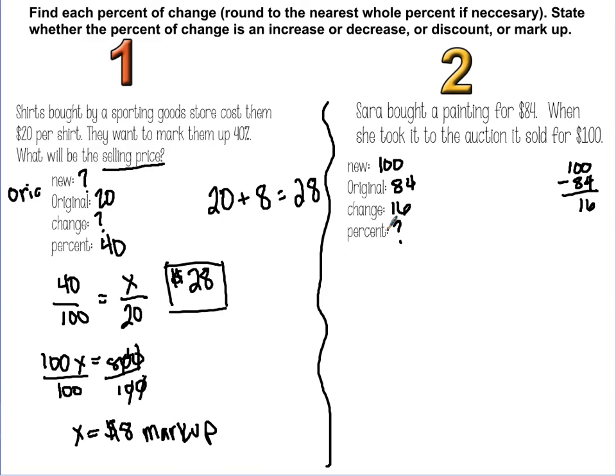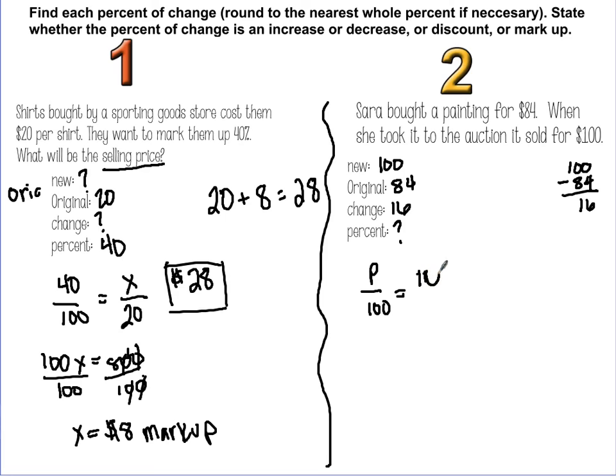So when you're looking for the new, if you don't know the change, you have to find the change and then use it to find the new. So sometimes you'll be looking for 2 pieces, sometimes you'll be looking for 1. It's kind of like when we talk about the tip and the total. When you find the tip, you're then able to find the total bill. Same idea, same principle.